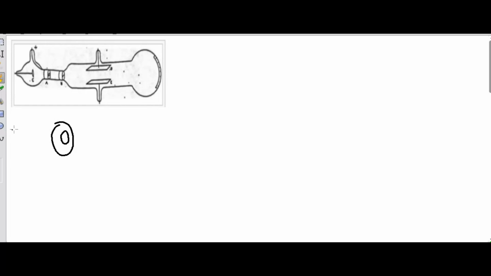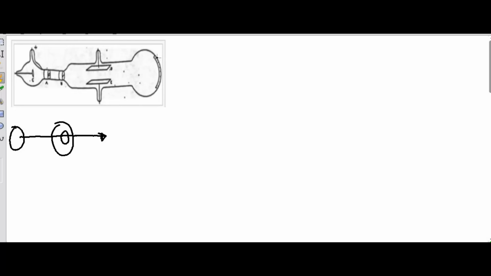So what will happen is, under our assumption that electrons are traveling, the negatively charged particles traveling from cathode to anode will pass straight through the hole. Then you will see a glow at this end of the glass when those negatively charged particles or electrons hit against the wall.